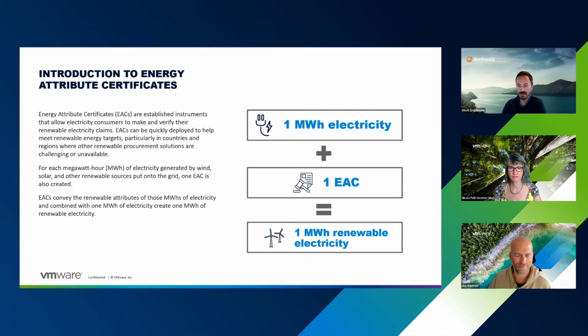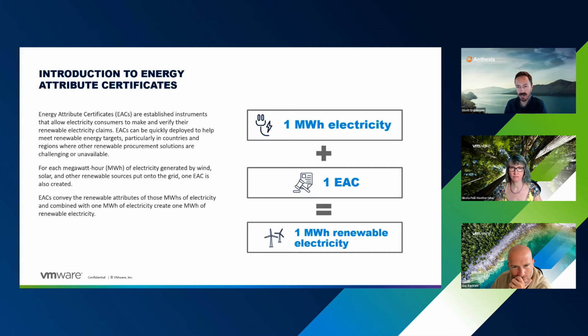Whether it is generated from a coal plant or a wind farm, if we're looking at an actual electron, it looks the same. It doesn't say I'm a coal electron or I'm a wind power electron. So EACs allow us to actually track the attribute, because as people who care about sustainability, there is a difference between a coal electron and a wind electron.